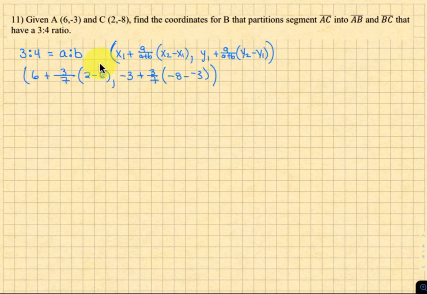We plug in the x1 is 6, and then x2 minus x1 is 2 minus 6. A over A plus B becomes 3/7. All right, that's our x-coordinate, and then the y-coordinate is the same with -3 plus 3/7 times -8 minus -3. And if you put all of this in the calculator, you get 30/7 for x and -36/7 for the y. So that is your partition point.